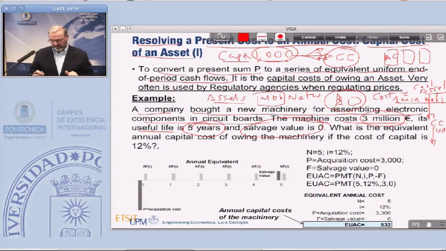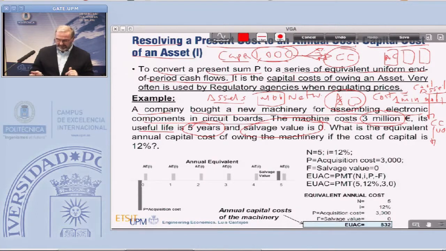So you can't sell this machine 5 years from now because it's obsolete. And you, as the facility manager, want to calculate how much the use of this machine costs for every printed circuit board you are making. So you have to consider the capitalized cost of the machine.